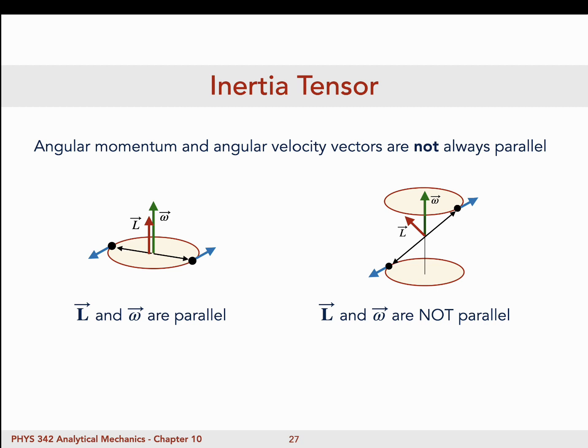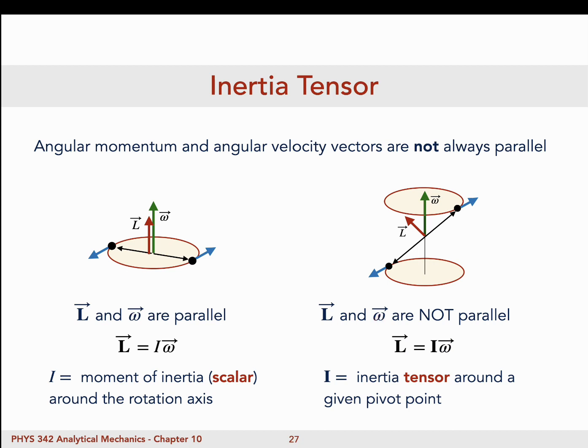Okay, so in summary, what we've seen is that if the angular momentum and the angular velocity vectors are parallel, you can use the simple relationship from Physics 203 that the angular momentum is proportional to the angular velocity, where the constant of proportionality is the moment of inertia, which is a scalar.